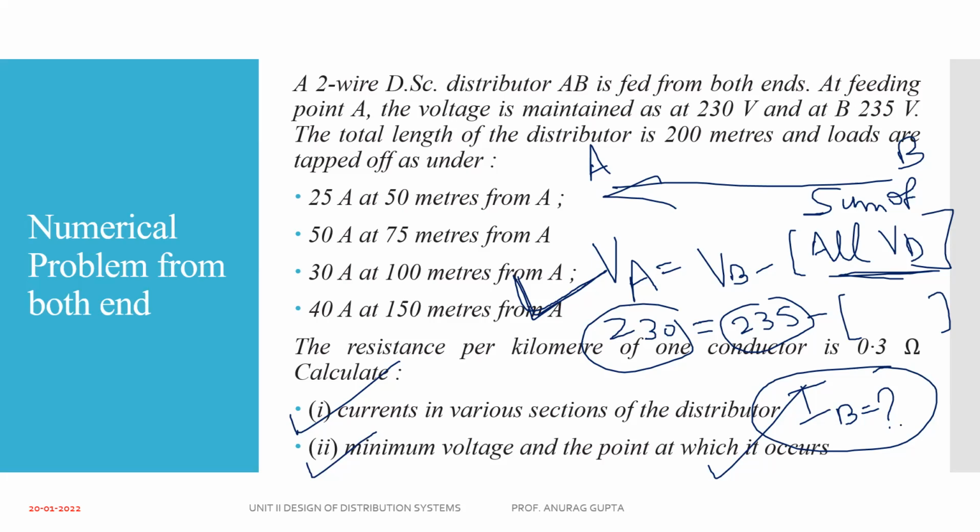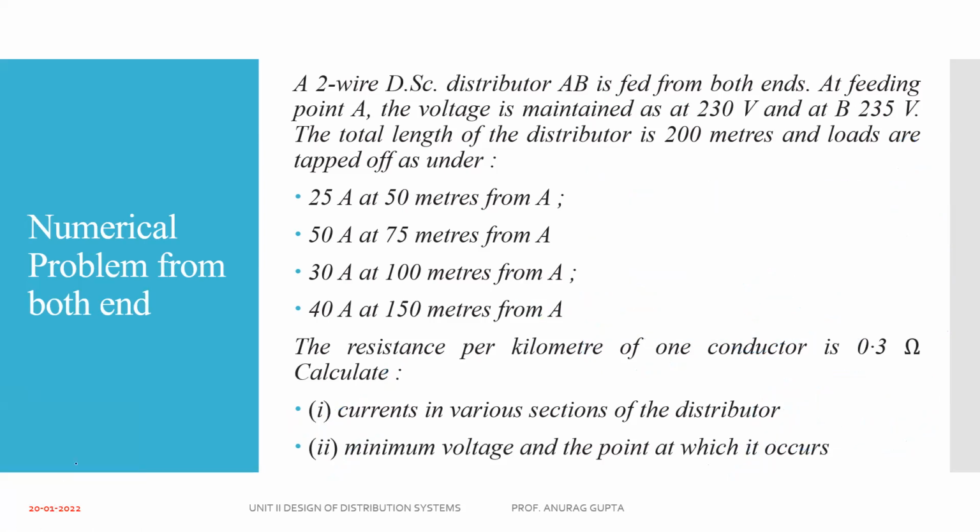Okay, Astro. So just already time is going now. So solve this numerical and just take the screenshot of this numerical. Okay, I'm closing the session now. This is your DC problem, again I'm saying, solve this numerical and send it to me.